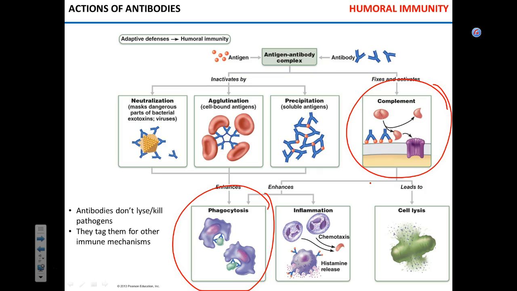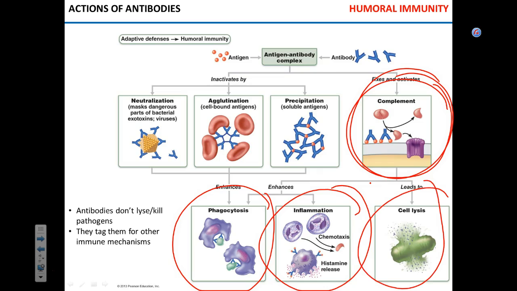They tell, this is bad, kill it. They can increase inflammation, of course, especially in allergy responses. Now, of course, things like membrane attack complex will lead to cell lysis, but it's not antibodies that do it, it's complement that does it. Does it make sense, right?